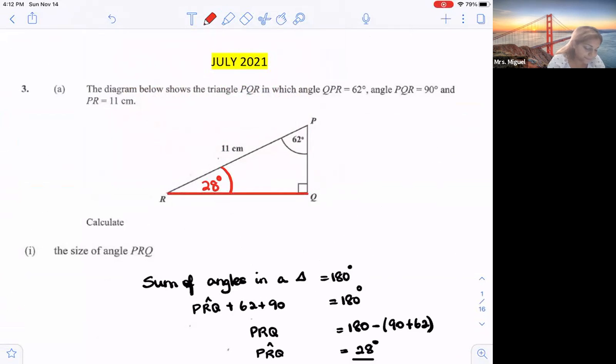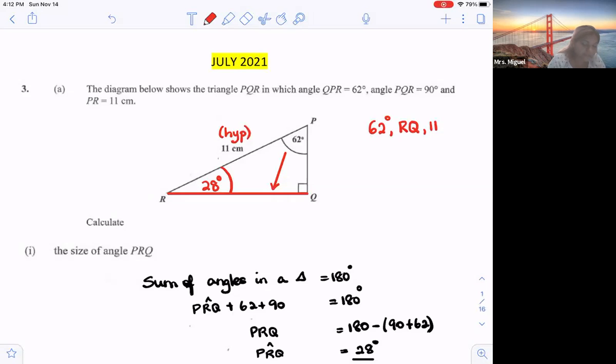We have the 62 degree angle, and opposite it we have the missing side RQ. And we have a length that is 11, but 11 is called the hypotenuse.